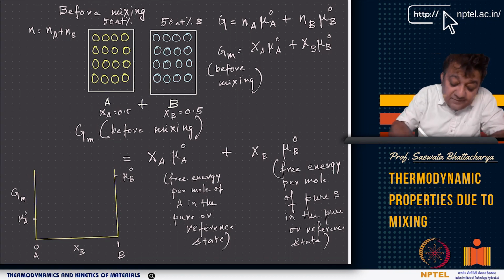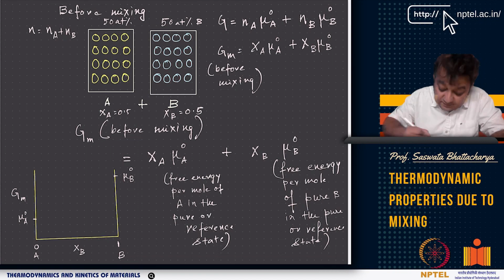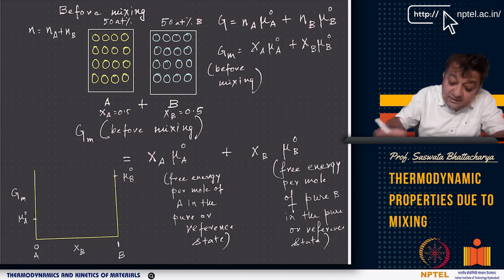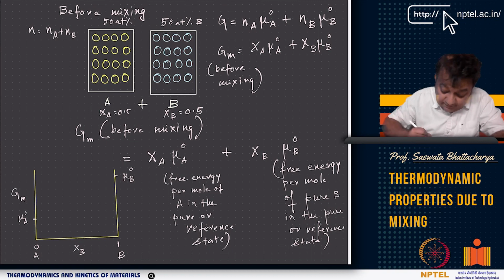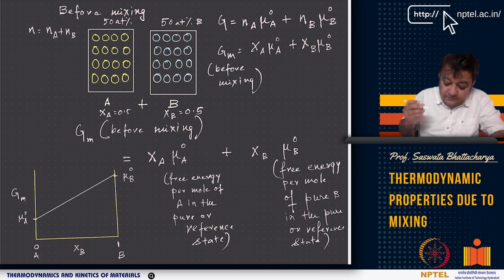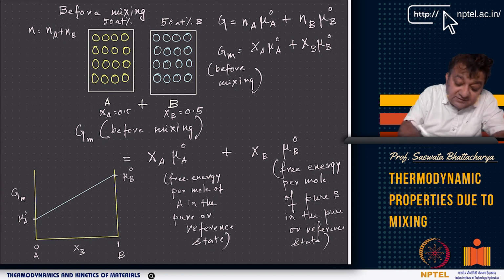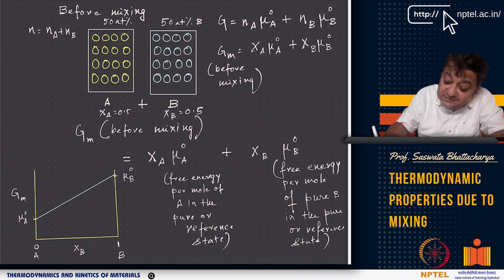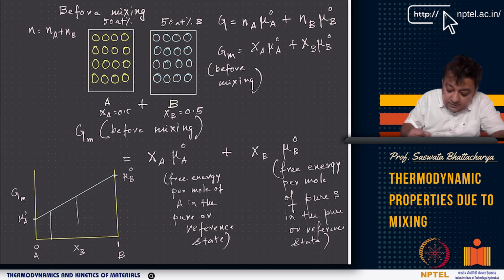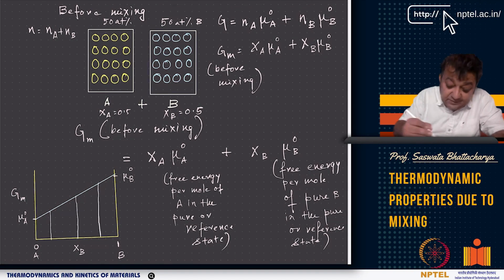Now, if you have that, before mixing it is just given by a line connecting mu s0 and mu b0. Now you see this is not a horizontal line, and as a result, for different values of xB, say here or here or here, you will have some difference.